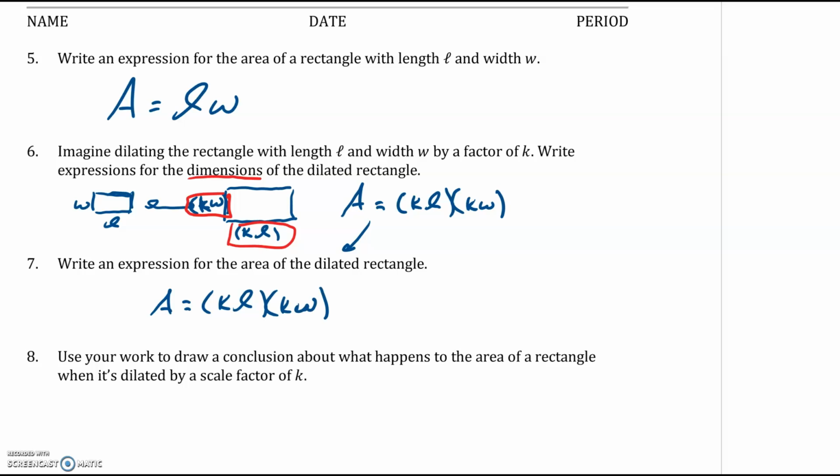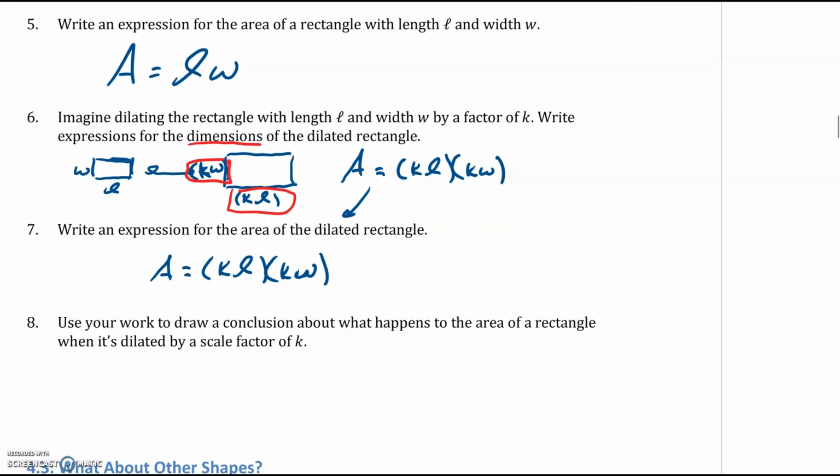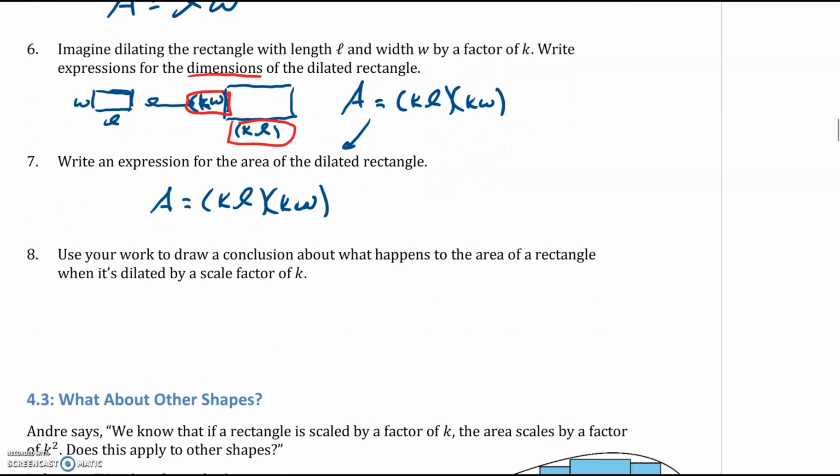Now we want to use our work to draw a conclusion about what happens to the area of a rectangle when it's dilated by a scale factor of K. In order to do this, I want you to think about some multiplication facts. If I take 2 times 3 times 4, that's 6 times 4, or 24.